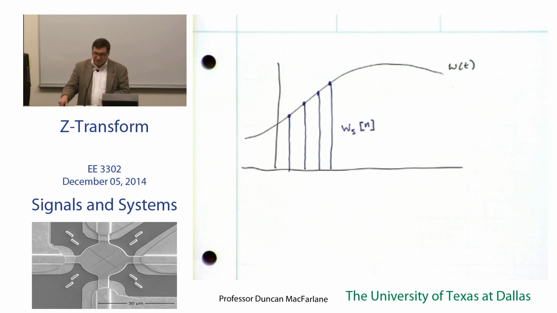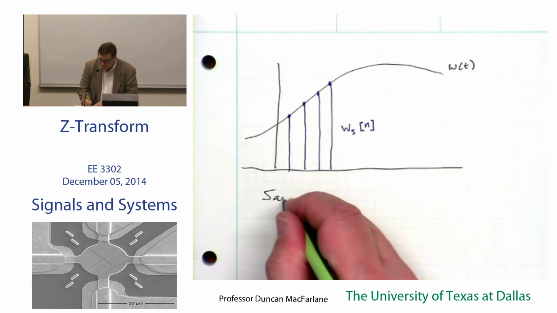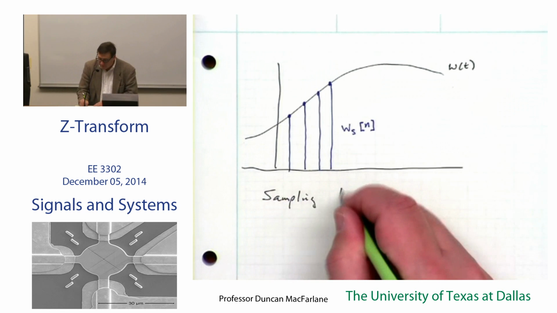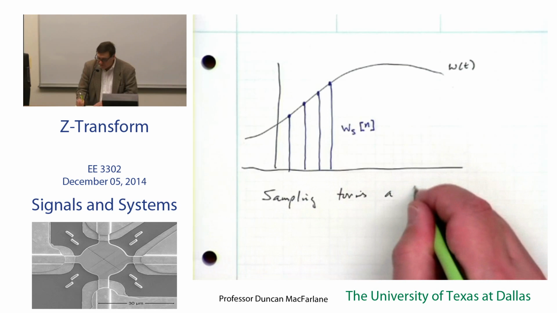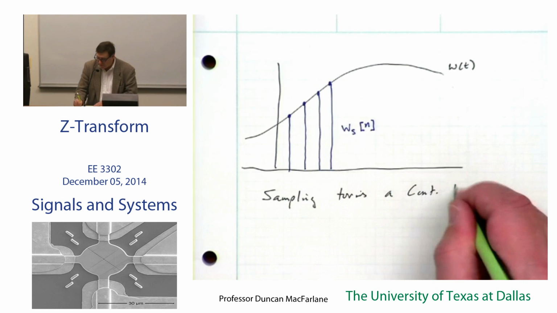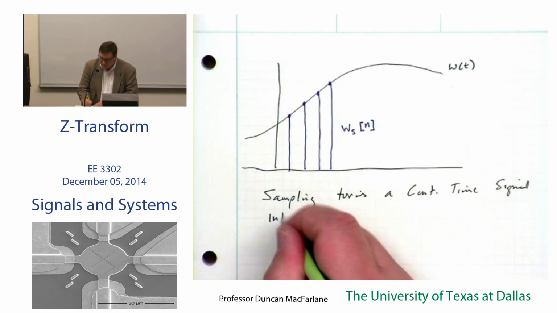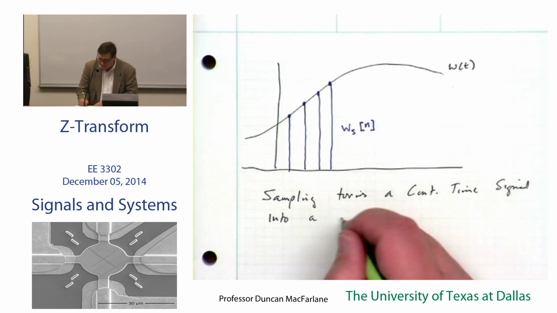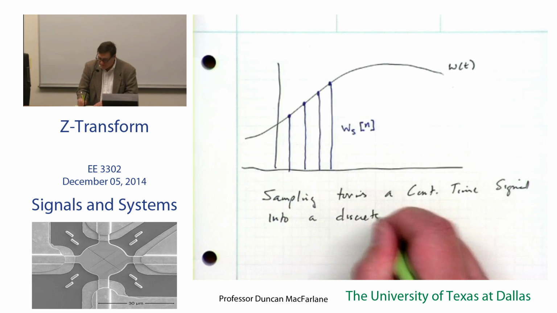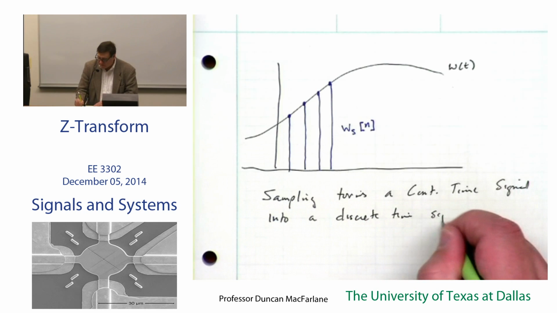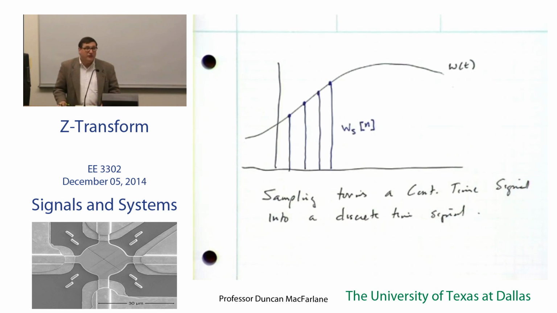So sampling turns a continuous time signal into a discrete time signal.